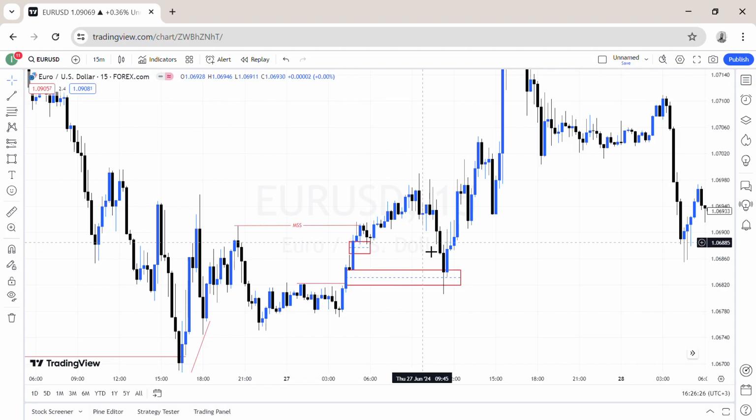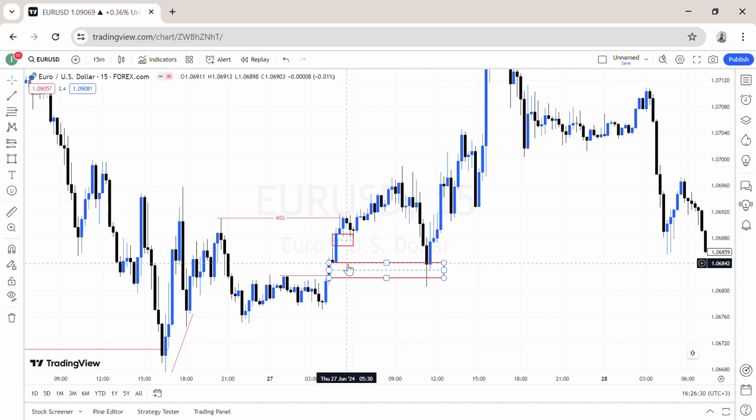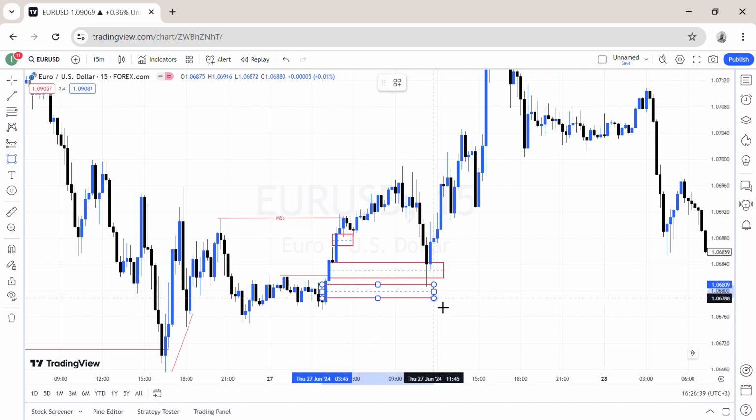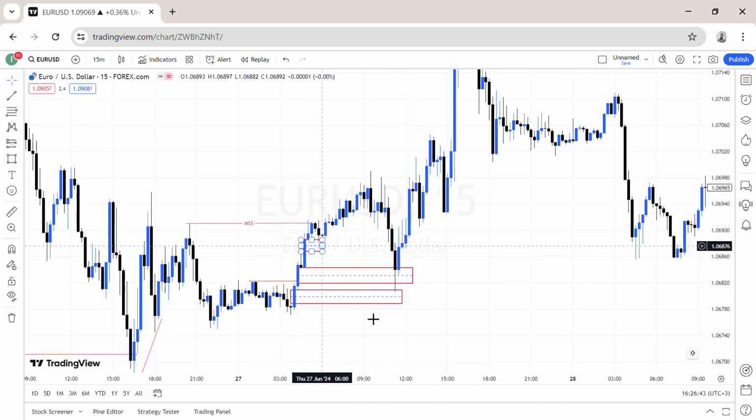So you don't want to consider that. So the fair value gap at the discount is this one. We have another one. This is another fair value gap right there, this one. So you really want to monitor the price at this zone.